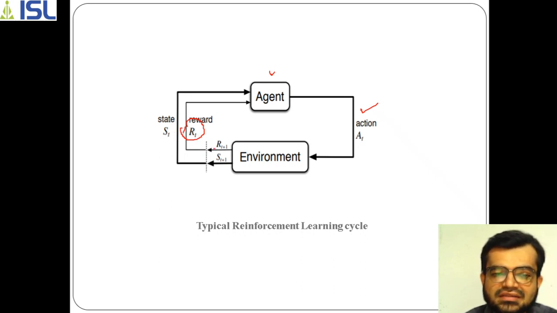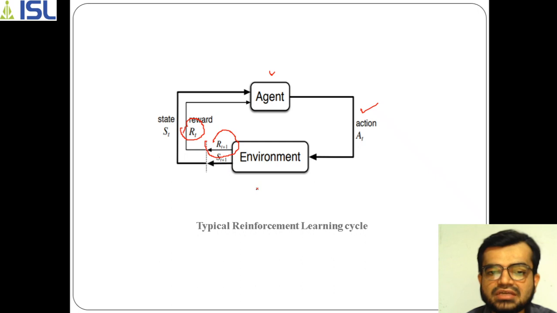In the second step, when it moves from the second state to the third state, again a reward will be awarded to that agent. How will it be awarded? It will be awarded in the environment where the agent operates, based on the actions the agent has taken in the given step.